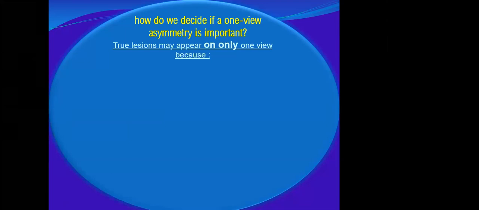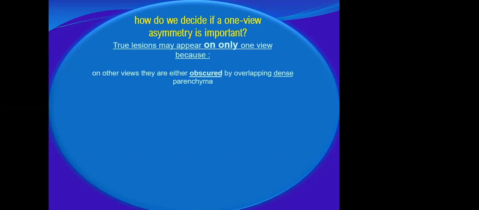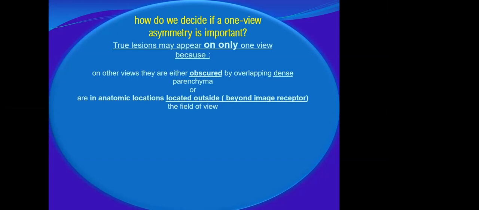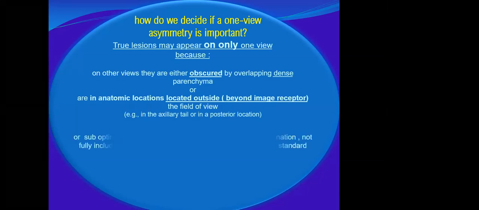We have to keep this in mind because on the other view, it is either obscured by overlying dense parenchyma, or in anatomic locations outside or beyond the field of view of the image receptor, like in the axillary tail, okay, or in the posterior locations you might not see it in the CC view, or in the extreme posterior medial, not seen in MLO, or in the superior breast, not seen in the CC view.